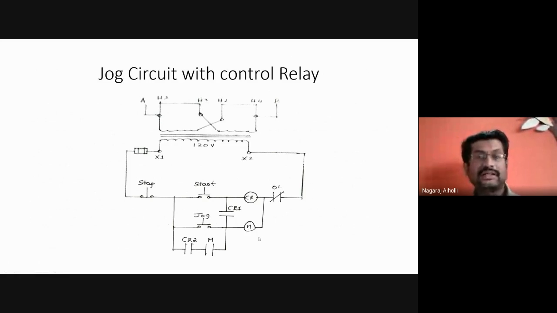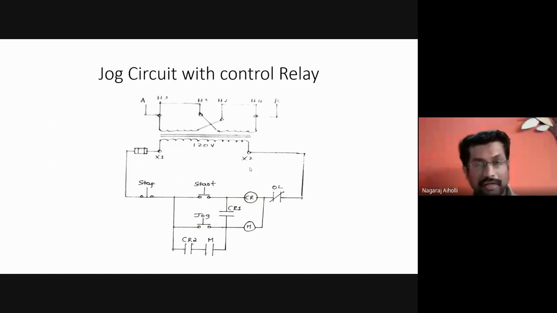What is interesting about this jogging circuit is that in the previous sequential process we studied just now, when the start button was released and the stop button was pressed, the motor was going into the off state.